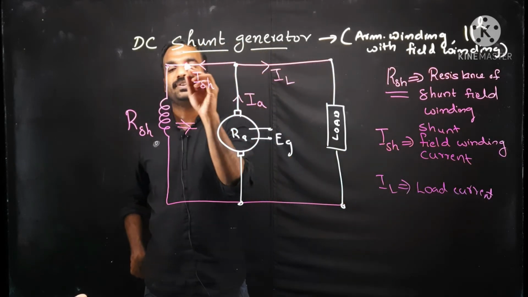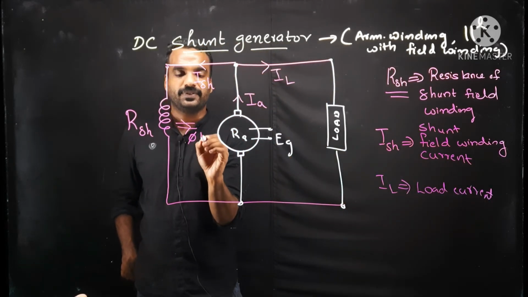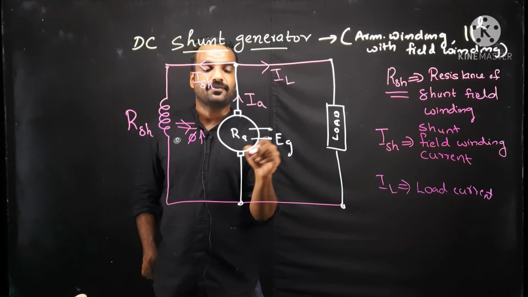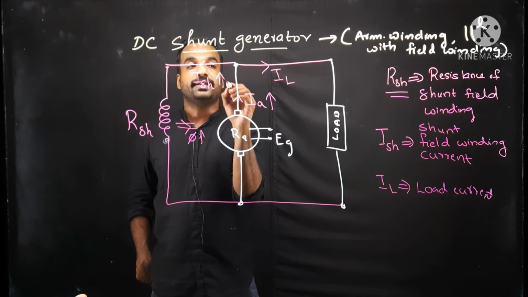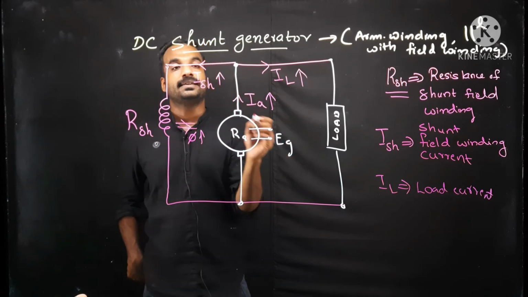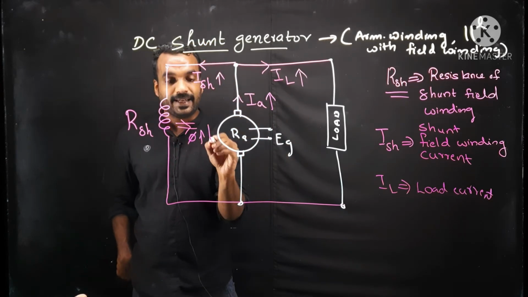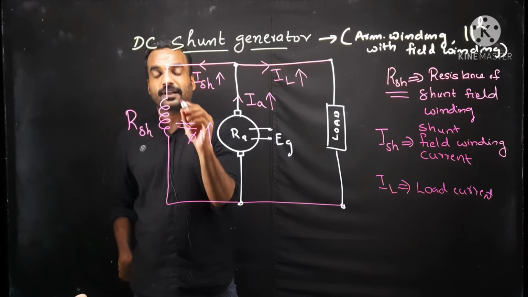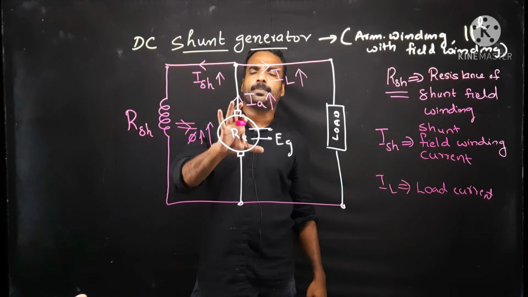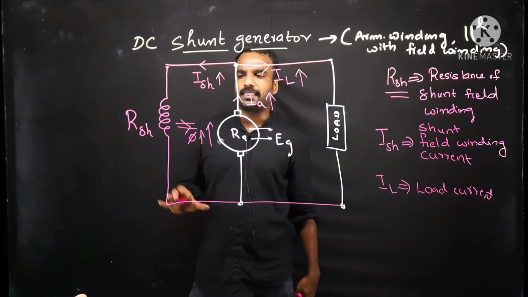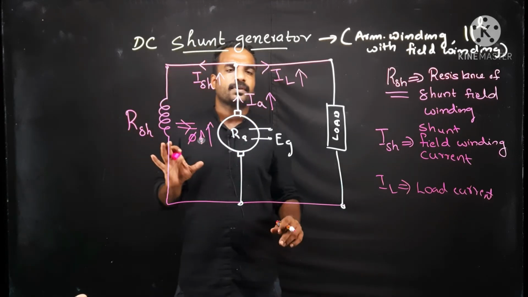So this ISH will increase the flux. As a result, flux cutting will increase. So IA will increase, ISH will increase, IL will increase. This increased ISH will again strengthen the flux produced in the field winding. So flux will again increase. At last we will obtain the rated armature current and rated flux will be produced.